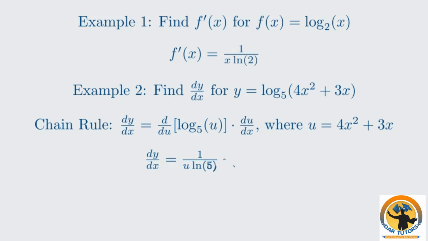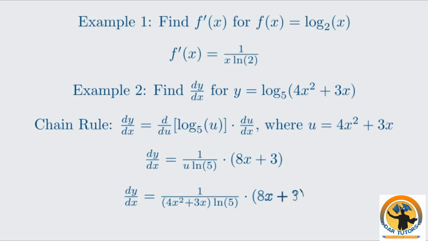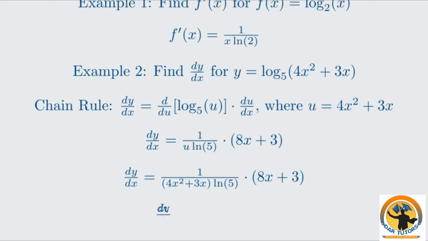The derivative of the inner function, 4x squared plus 3x, is 8x plus 3. Substituting u back, we get 1 over the quantity 4x squared plus 3x times ln 5, all multiplied by 8x plus 3. This simplifies to 8x plus 3, all over the quantity 4x squared plus 3x times ln 5. So we have successfully differentiated logarithmic functions with any base, using the change of base formula and the chain rule.